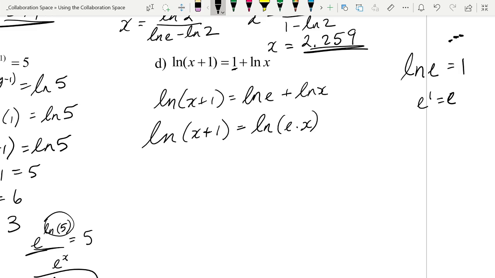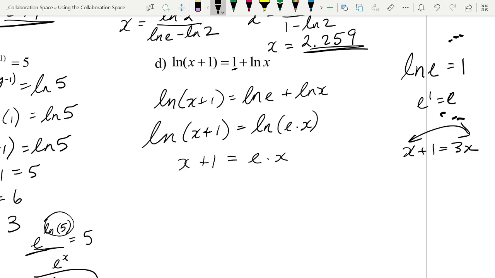And then I'm going to anti-log both sides of the equation. Now this is no different than the equation x plus 1 equals, I don't know, 3x, right? I'm going to have to combine these two x's together at some point.